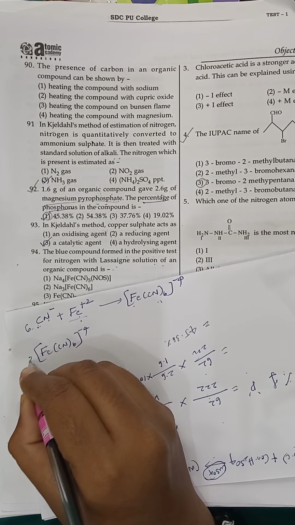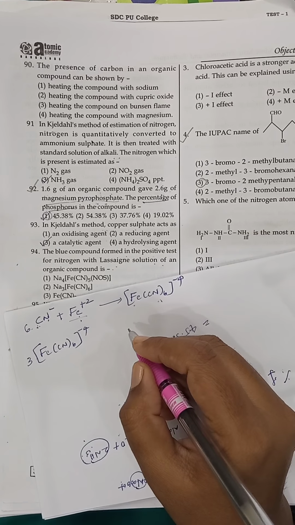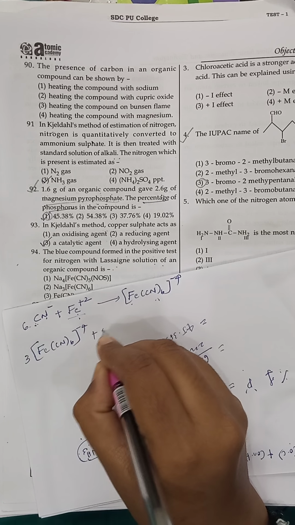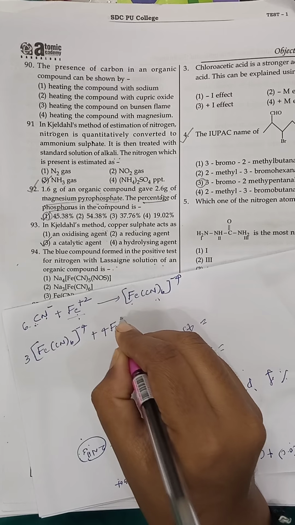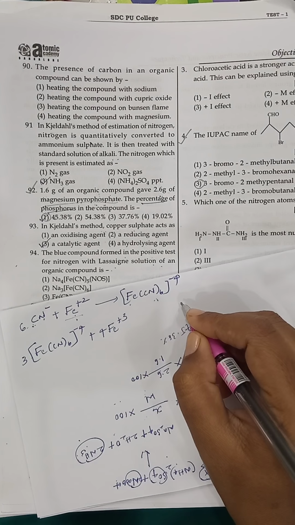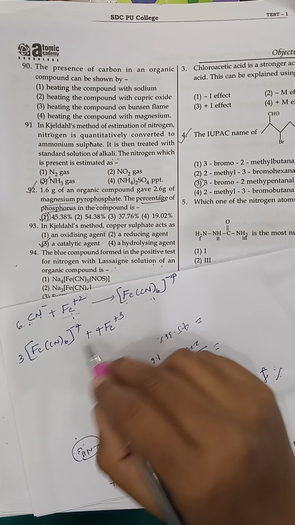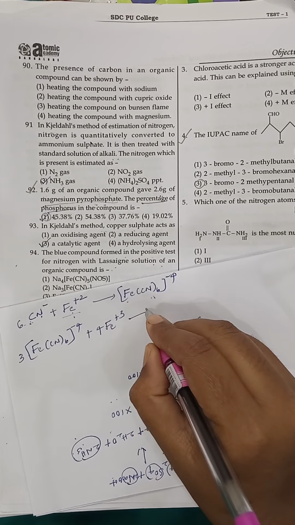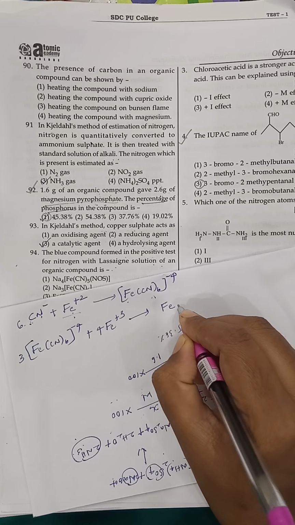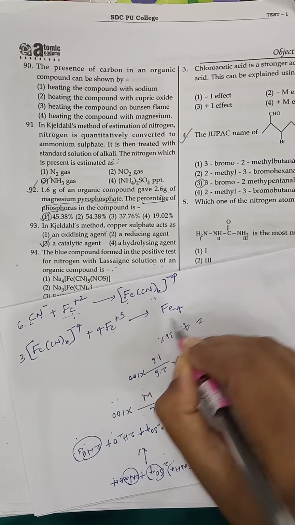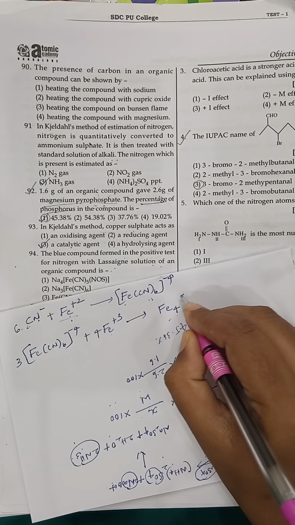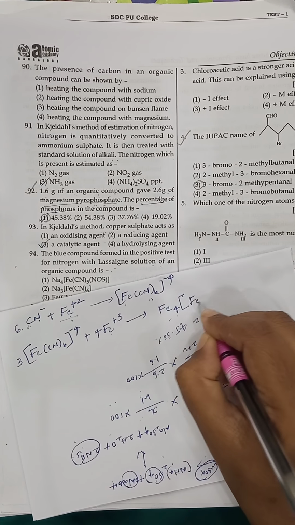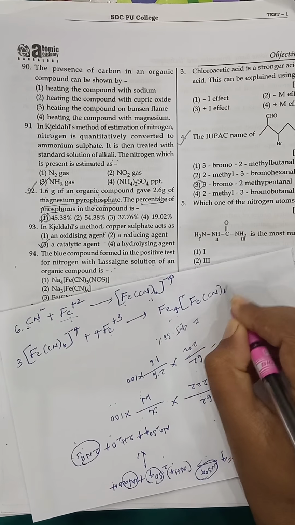To balance the reaction, we are taking 3 moles of ferrocyanide reacting with 4 Fe3+ ions. So when ferric ions react with this, it can be converted into Fe4[Fe(CN)6].